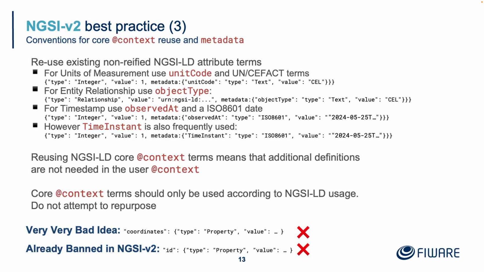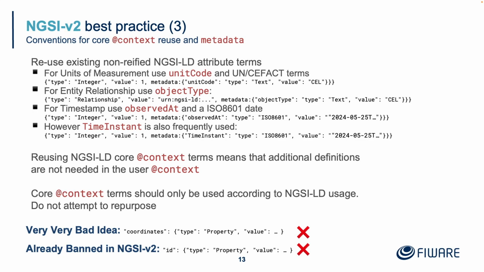The timestamp, the NGSI-LD preferred name is observedAt. So observedAt is used, but obviously timeInstant is also frequently used, so it can be mapped to observedAt later on if necessary.